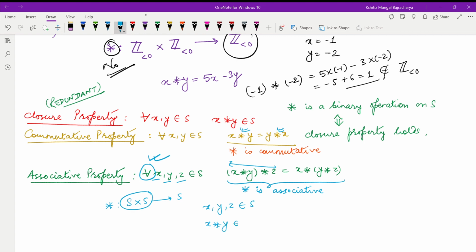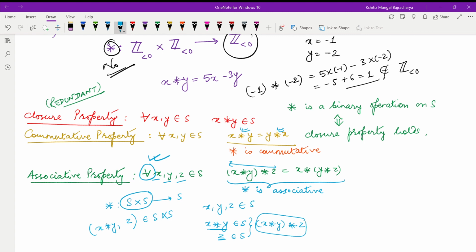So x, y belongs to S, x star y belongs to S, and z itself belongs to S. So we can say that (x star y, z) belongs to S cross S. So this expression is well defined.